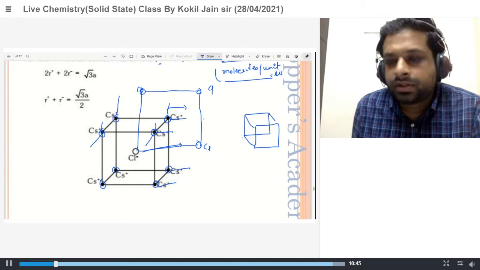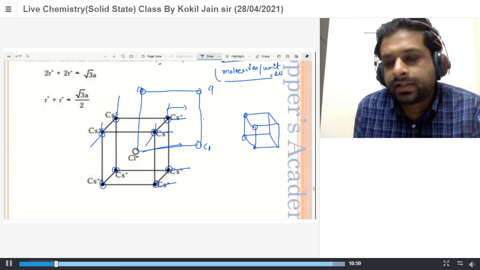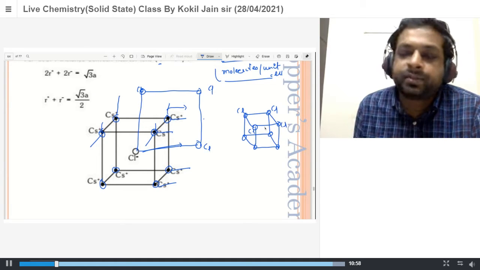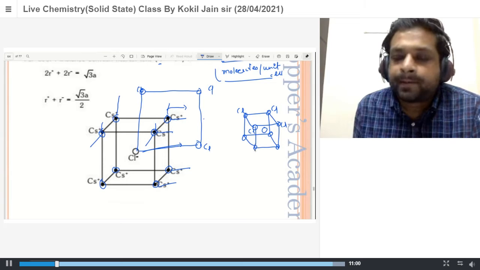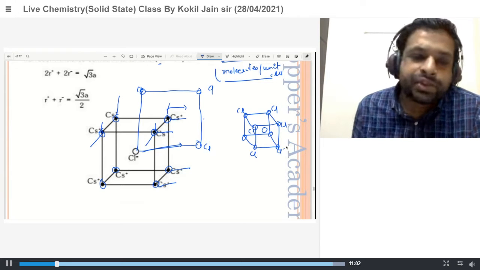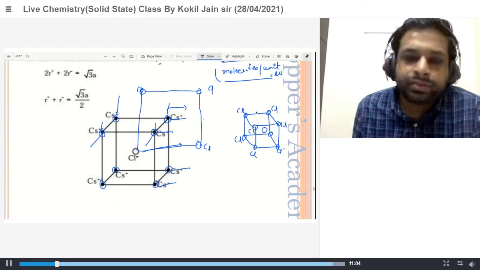Then it will look like the chlorine is occupying the corner site and cesium is at the void. Understood what I'm trying to tell you?